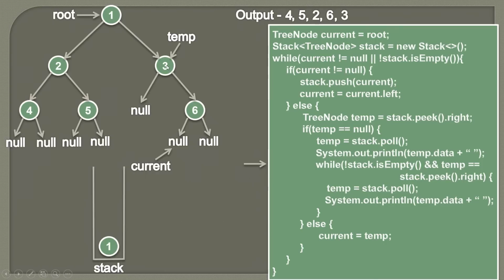And as we have visited 3, this 3 can also be the right child of its parent. So therefore we are providing this while loop. Let's say if this chain goes on like this and there are no left nodes, so this while loop will simply make us traverse back because all these nodes are on the right side of its parent, which we already visited. So that's why we are providing this while loop.